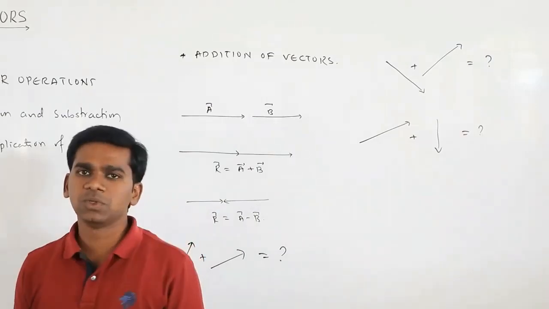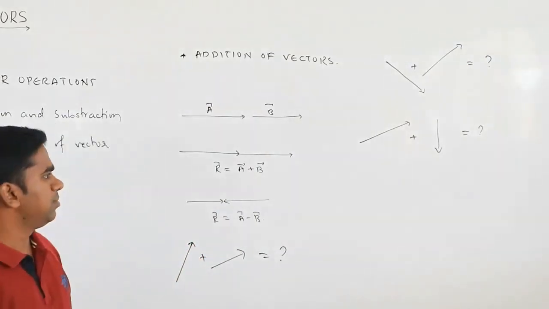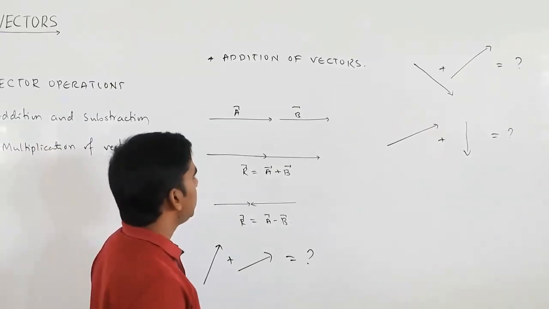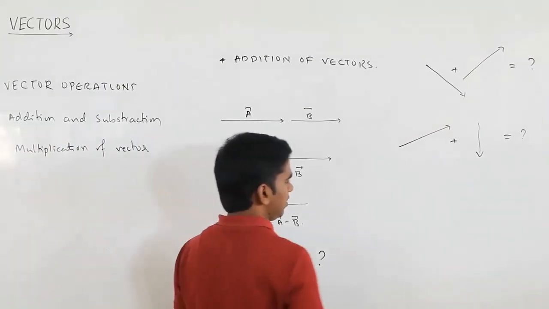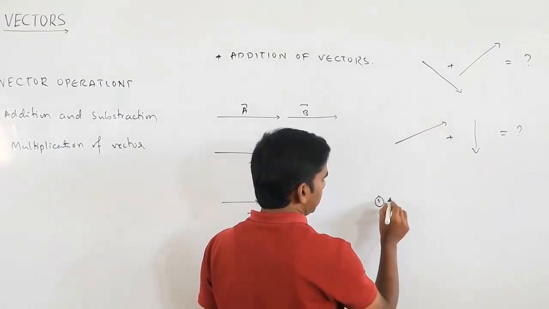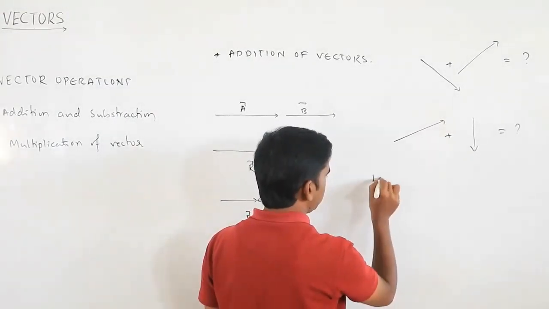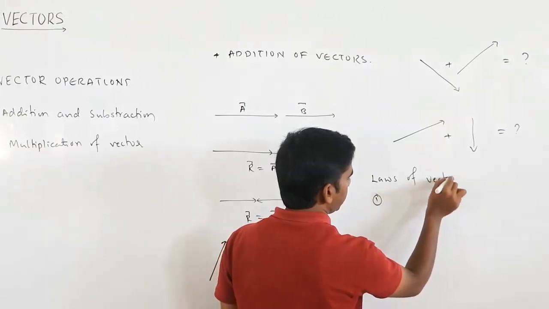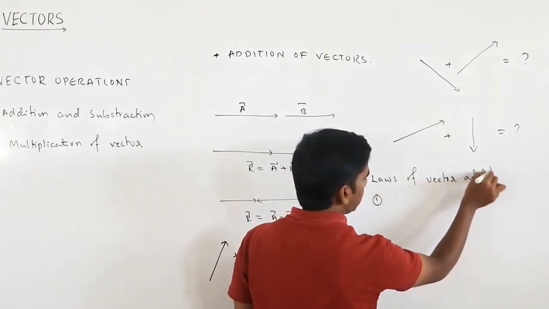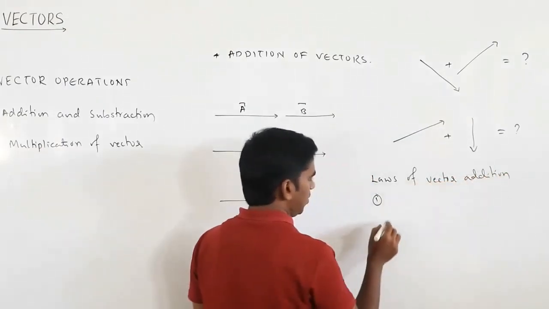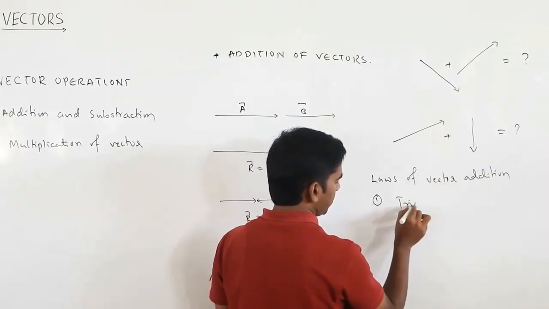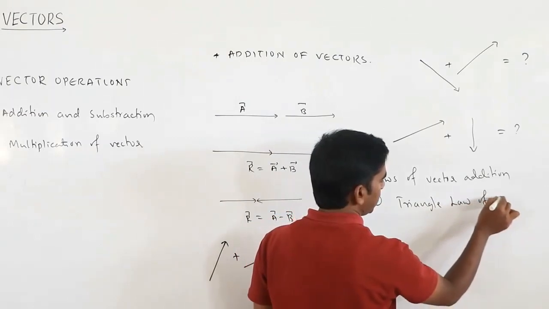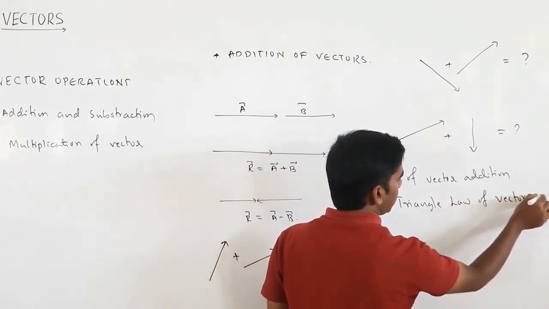So there are methods to add or subtract vectors. Usually we use two laws, the laws of vector addition. One is the triangle law of vector addition.